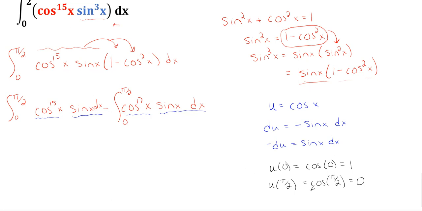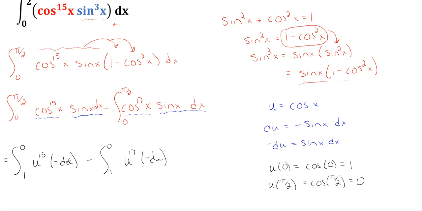So let's substitute everything in here and put in our new limits. The lower limit is 1, and the upper limit pi over 2 pops out to be 0, and it'll be u to the 15th multiplied by minus du, and then subtracting off, with the same limits from 1 to 0, u to the 17th of minus du.